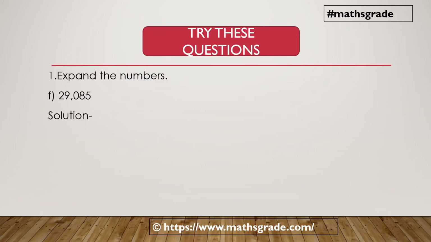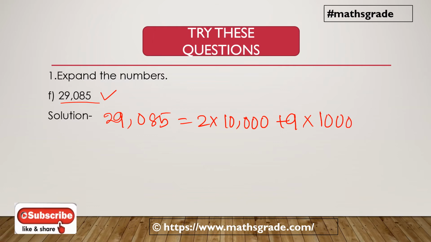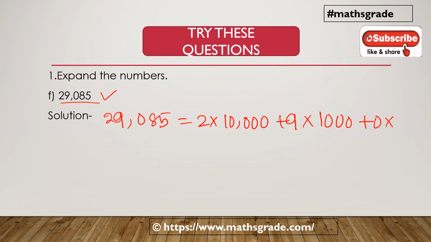Now F, 29,085. This is a 5-digit number and digit 2 is in the 10,000 place. Digit 9 is in the 1000 place, so multiply 9 with 1000. And digit 0 is in the 100 place, so multiply 0 with 100. And digit 8 in the tens place, multiply 8 with 10.